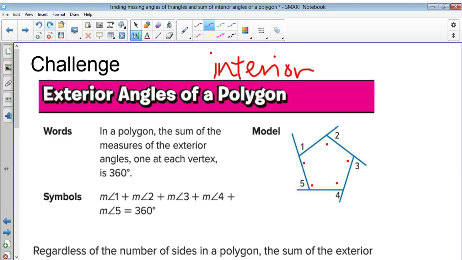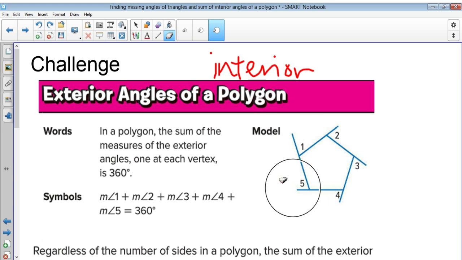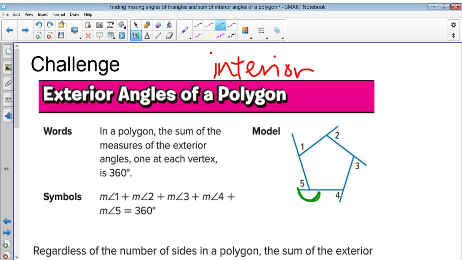The exterior angles, again, if we extend this line of the polygon, are the angles that create a linear pair. So notice there are linear pairs with the interior angles. For example, this right here would not be an exterior angle of the polygon even though it's on the outside.